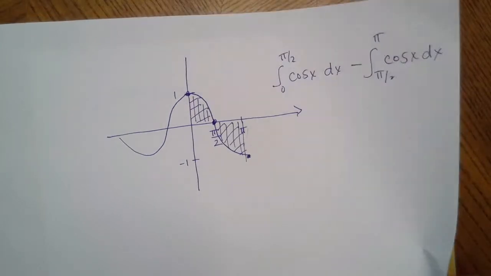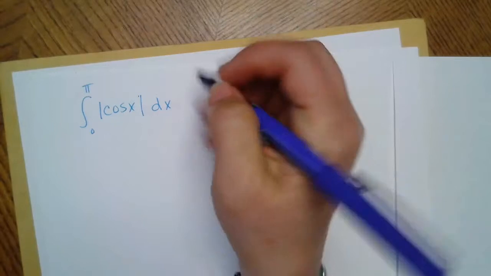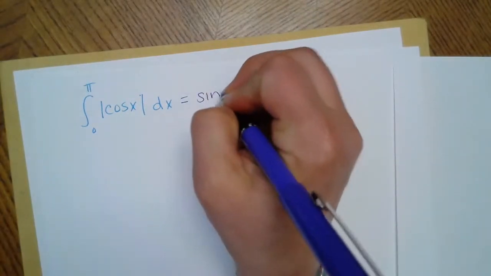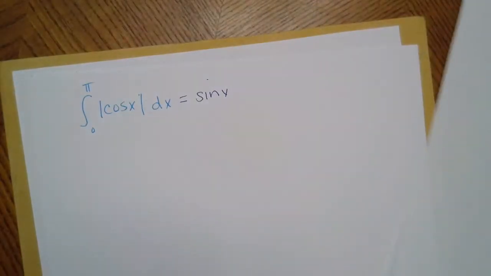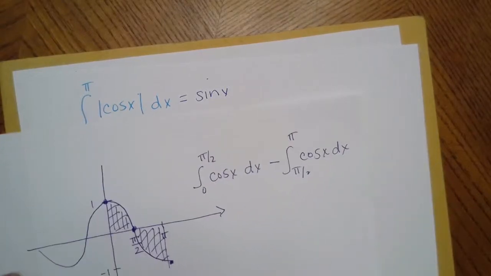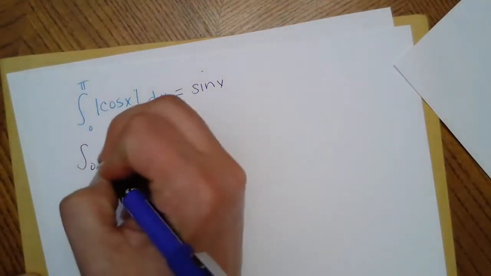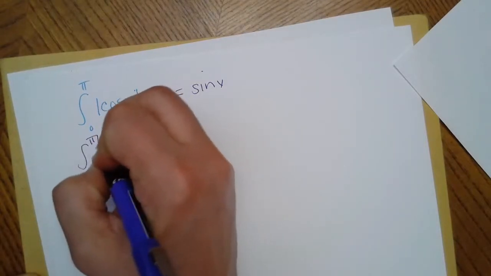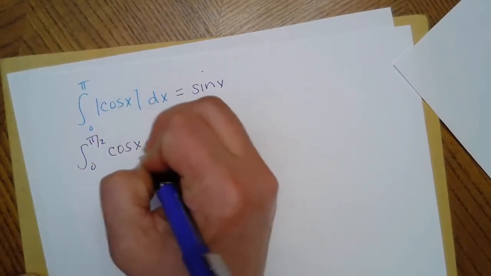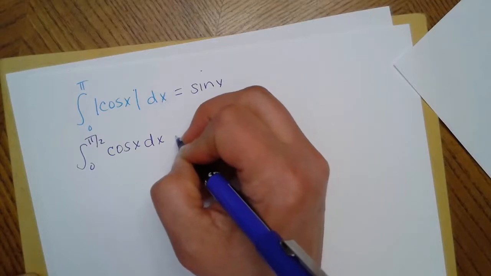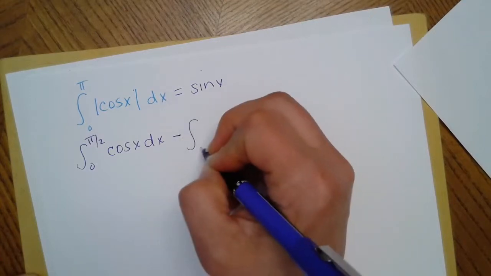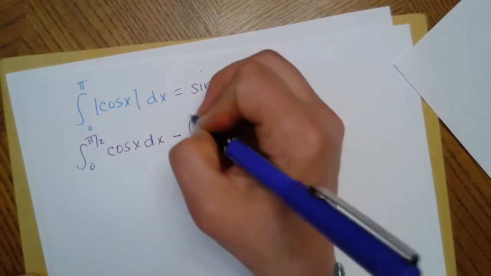Now I don't have to do the antiderivative again. I already know what it is, right? So we already knew that this was sine of x, and now we're going to evaluate it like this. So this is from 0 to pi over 2 of regular cosine of x dx, and then we're going to subtract, because this will be the negative part, from pi over 2 to pi.